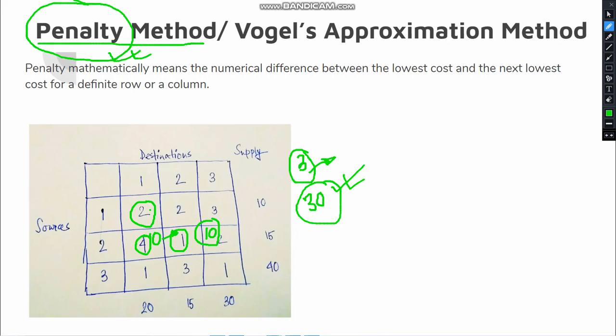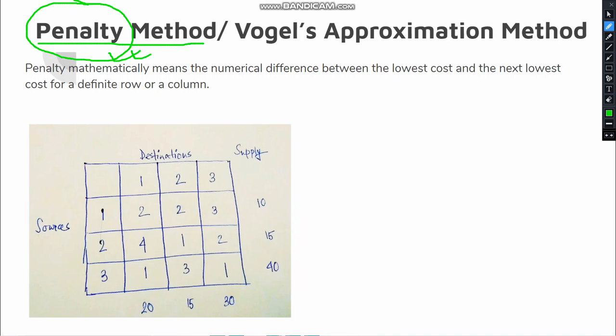See, for this, let us clear it. Initially you have to find out the minimum number present in a row. For this row, 1 is the minimum number and 2 is the next minimum number. The mathematical difference between this 1 and 2 is what we mean by penalty.